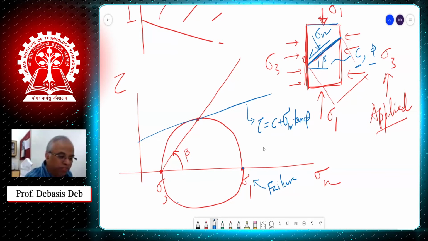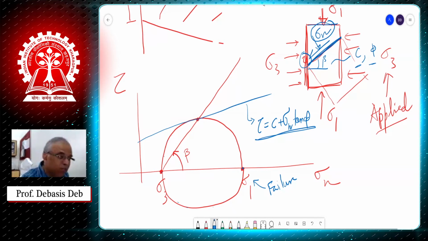Now, this has failed with an angle beta with the horizontal. So when I have drawn this angle beta here, wherever it touched, now if I draw this tangent, this is what has been given by Coulomb. And he said, whatever the sigma n and tau in this plane are the failure stresses.